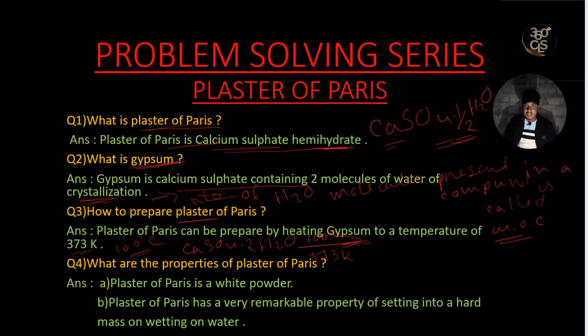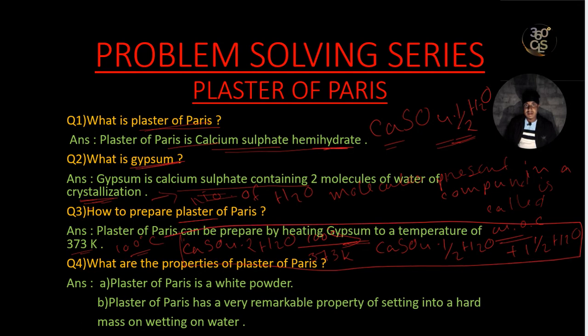Okay, that is, it gives us calcium sulfate hemihydrate plus H2O. So this is the equation. Okay, this is the equation of preparation of what? Plaster of Paris.